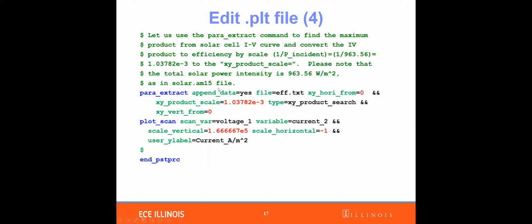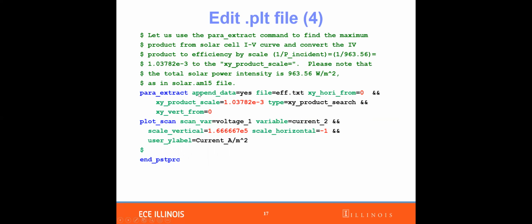If you perform the integration of this spectrum profile, you will find out that the incident optical power is equal to this value. If you divide by this value, it is equivalent to multiplying by 1.03782 times 10 to the minus 3.